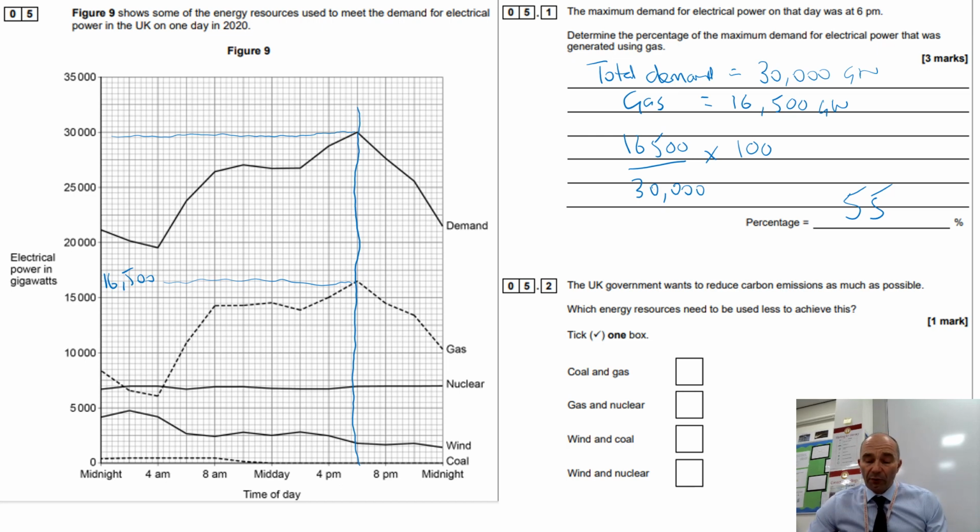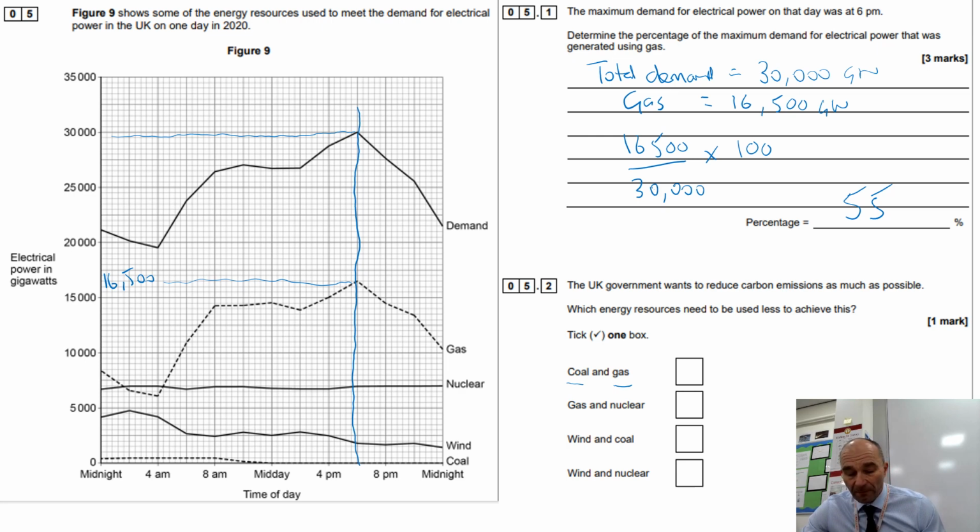And then 1.2. The UK government wants to reduce carbon emissions as much as possible. And which energy resources do we need to use less of to achieve this? So what we're really looking for are things like our fossil fuels. They produce our carbon dioxide. And if you look at your first option, coal and gas, they are both fossil fuels.